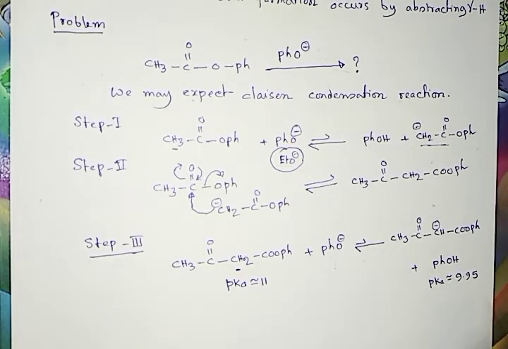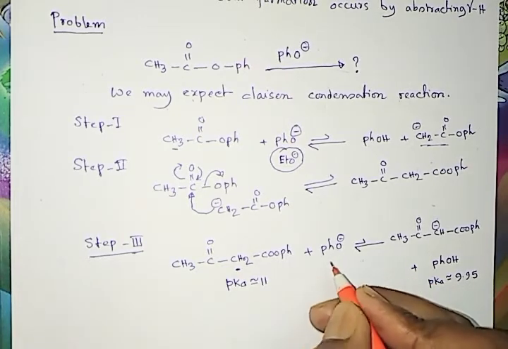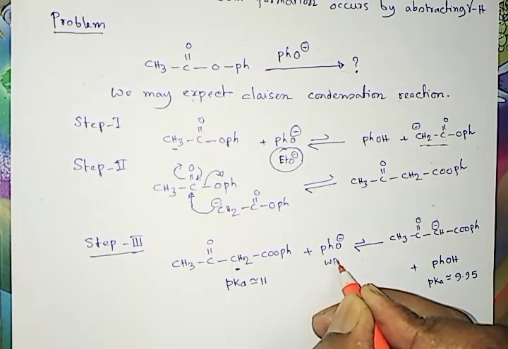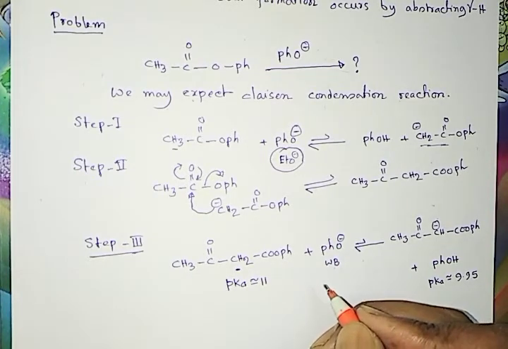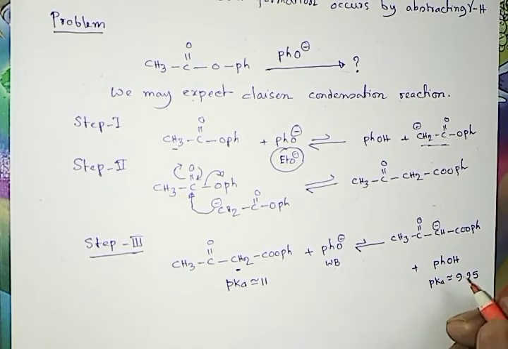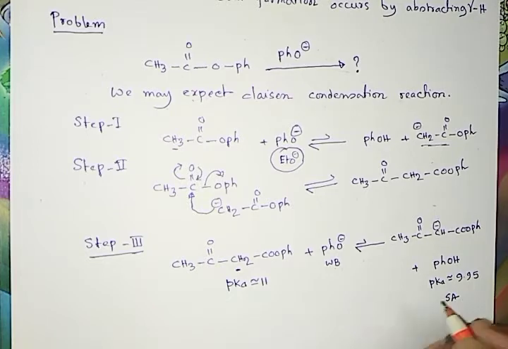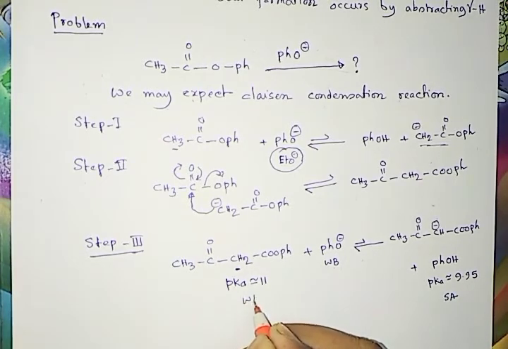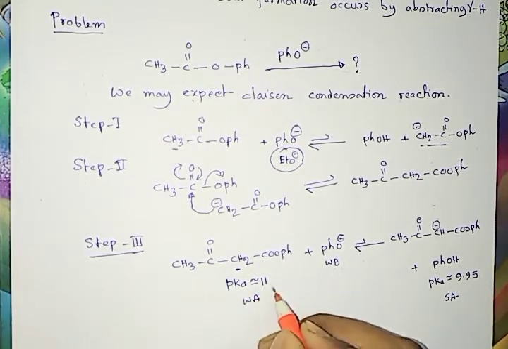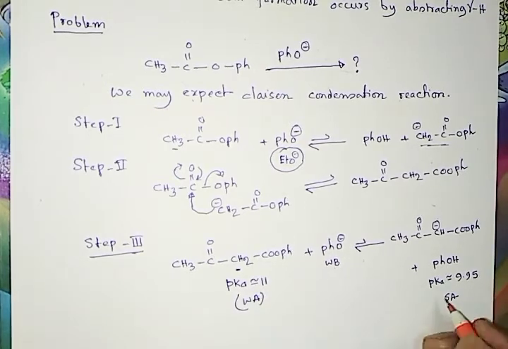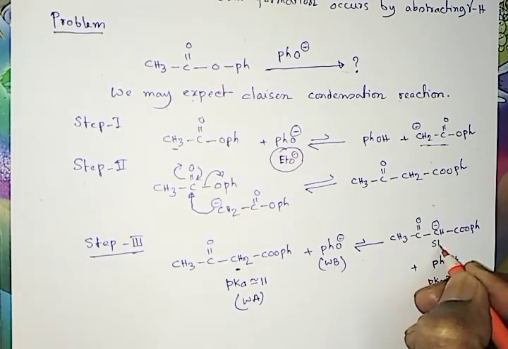That means phenoxide is a weak base, whereas phenol is a strong acid. And this is a weak acid. The pKa values indicate this information. And this is a strong base.